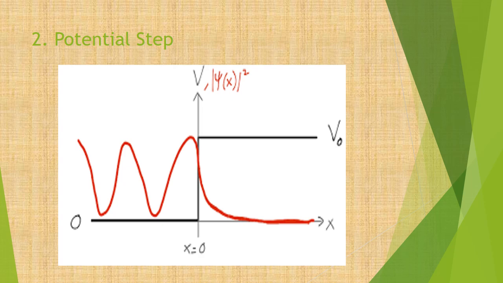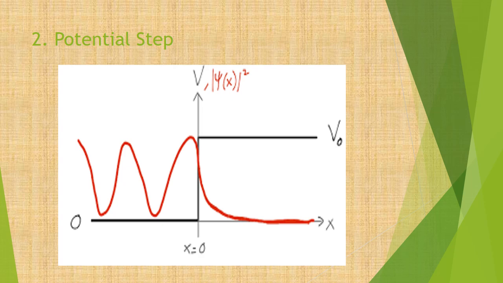Some particles may be reflected by the potential barrier and some transmitted. The first and second terms of the Schrodinger's equation represent incident and reflected particles. The reflectance R is equal to magnitude of reflected current by magnitude of incident current.